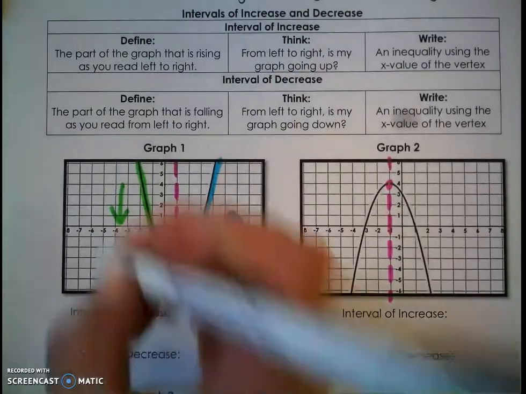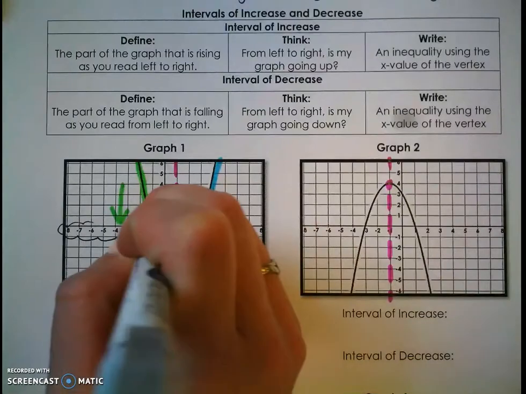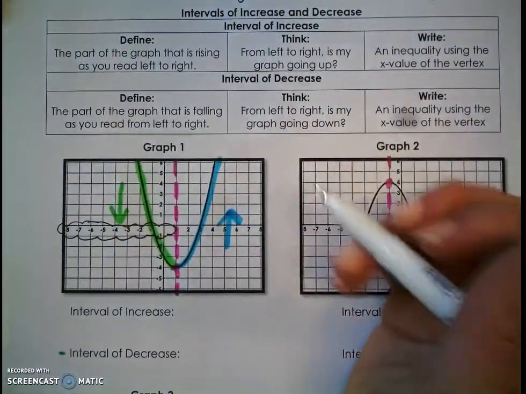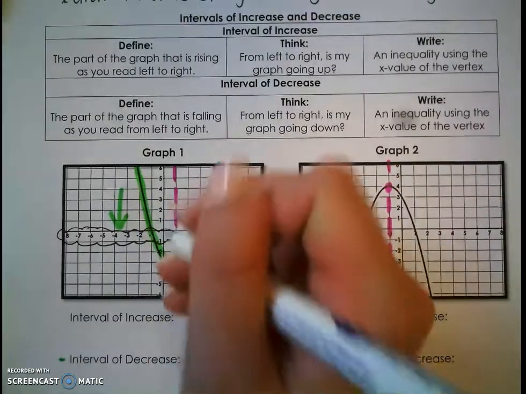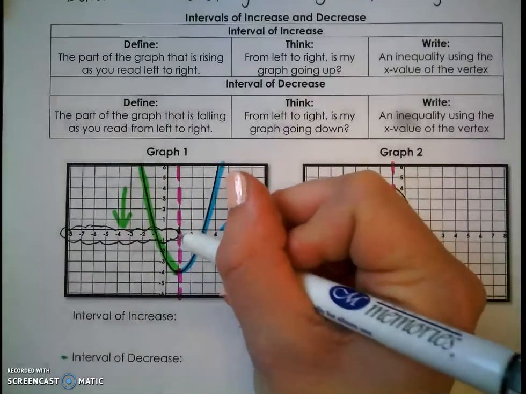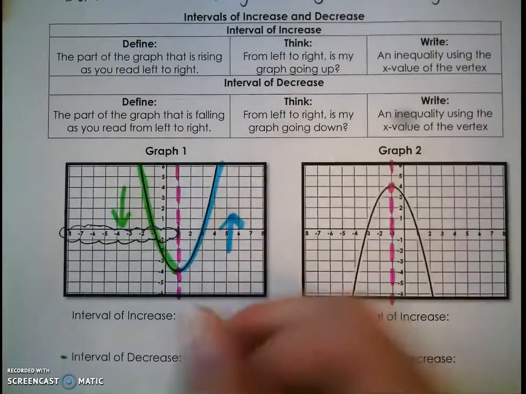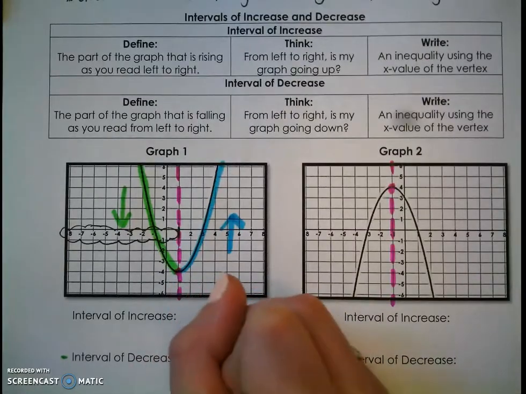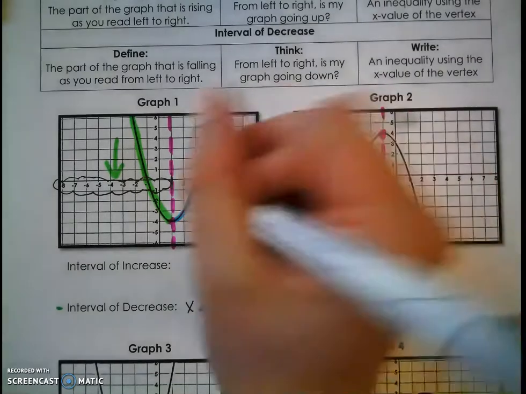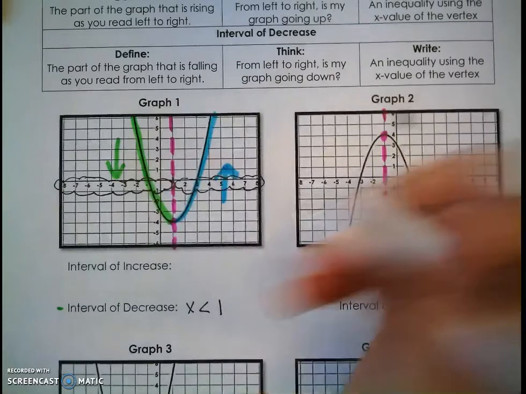If I look at these x values, everything on the left side of that purple line, are they bigger or smaller than that one that's right here? This is 1. These numbers are all smaller than 1. So for my interval of decrease, it's wherever my x values are less than 1. For my interval of increase, all these numbers are bigger than 1.